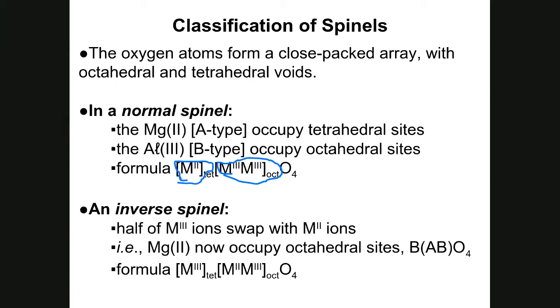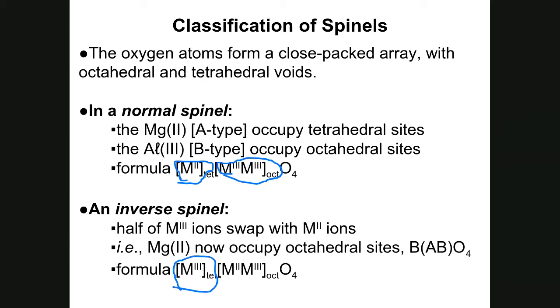Of the M3, which is the B type of atom in a 3+ oxidation state, half of that is now redistributed and is happy in the tetrahedral sites. So intrinsically, naturally, the M3 has to occupy octahedral sites.